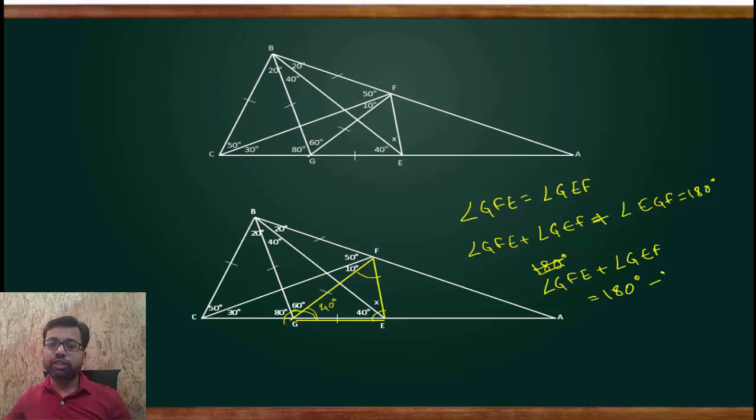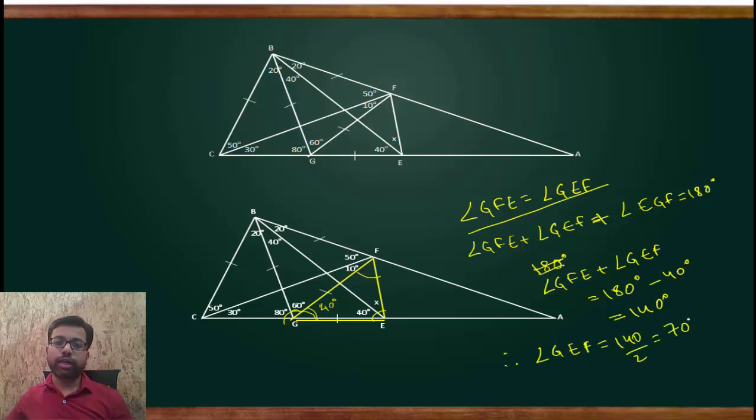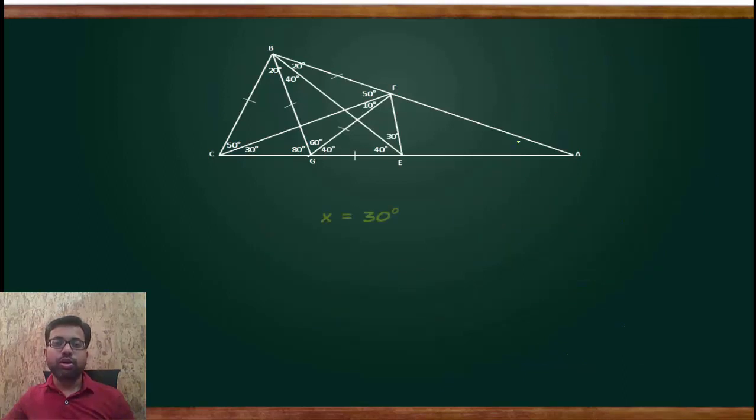EGF is 40 degrees. So you have 140 degrees. Also, since both of them are equal, therefore angle GEF will be equal to 140 by 2, that is 70 degrees. Now when angle GEF is 70 degrees, what is GEF? GEF is 40 degrees plus X, and that is equal to 70 degrees, and hence what you get X as 70 minus 40, which is equal to 30 degrees.